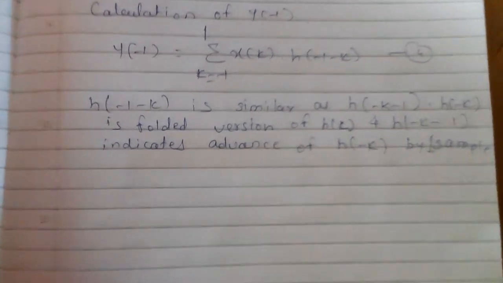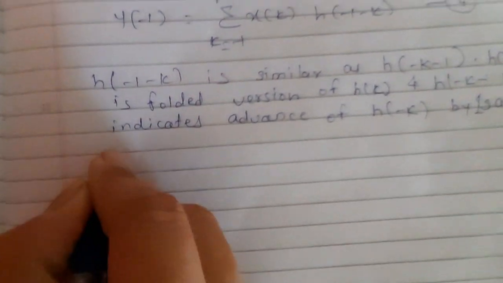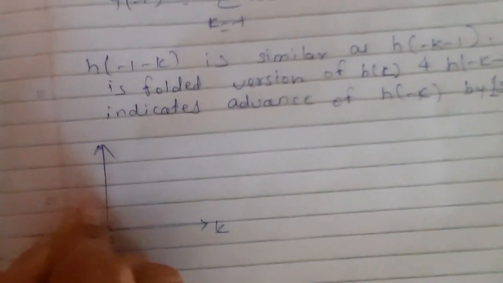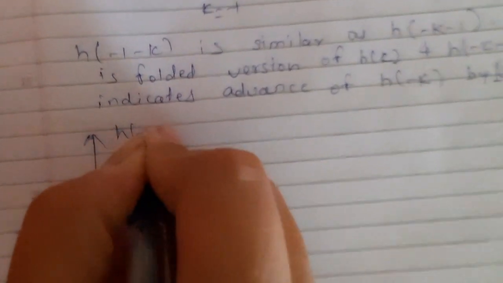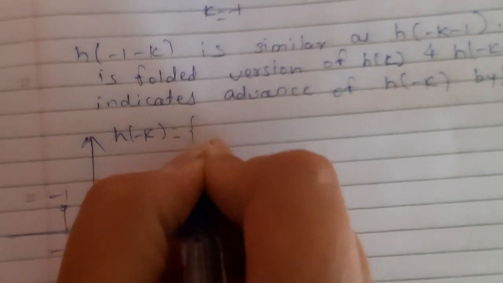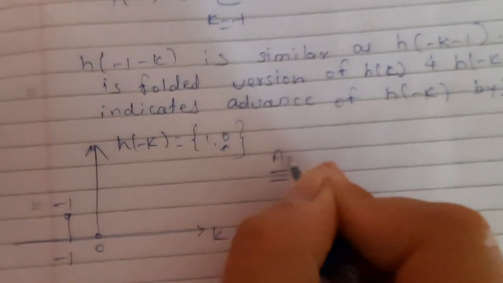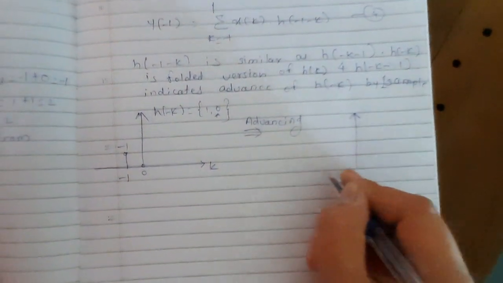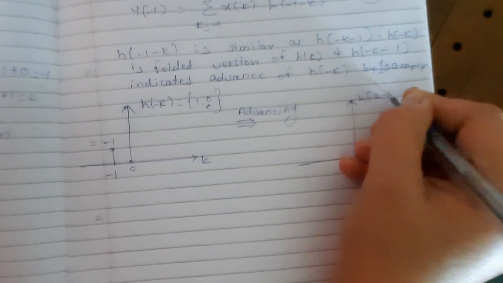So the sequence for this is, now this is advancing. So we can draw it. This is k, this is h of minus k minus 1.